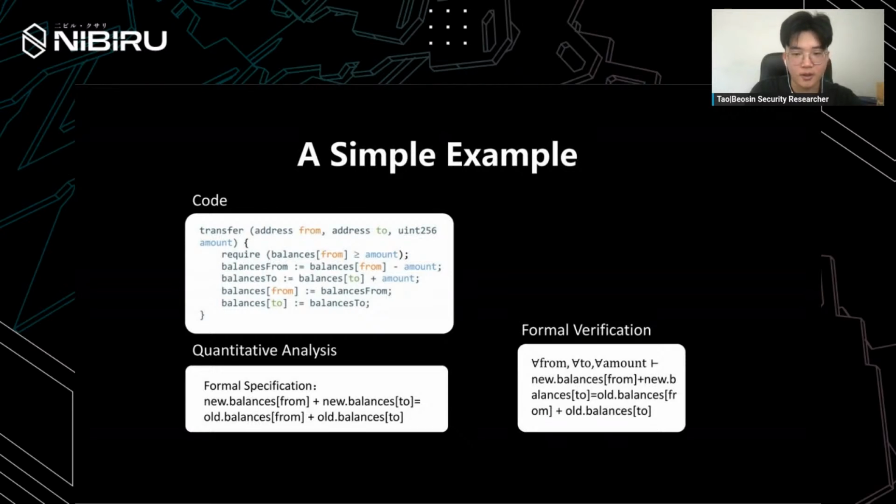Then we can implement new code based on the formal specification, and also we can use the formal specification to check whether the previous code has some security issues. So that's the formal verification technology.